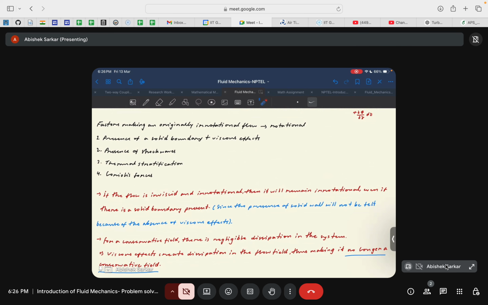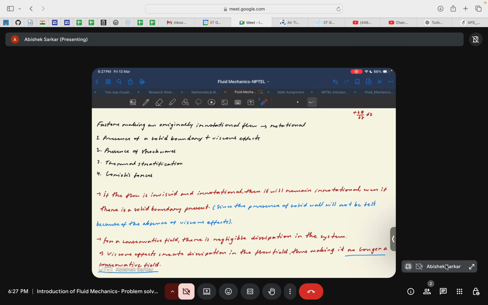Why? Because if the flow is inviscid, then it will not experience the effect of the solid wall, because there are no viscous effects that can manifest the presence of the wall through the velocity gradients. That's why even if there is a solid boundary, and we are able to generate a flow of that fluid through a duct or channel, which is initially inviscid and irrotational, it will forever remain inviscid and irrotational.